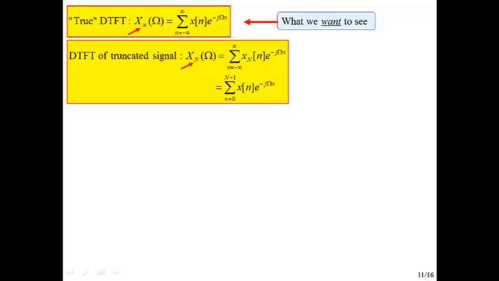But that's the thing that we're trying to see. We're desperately wanting to see that thing. But this is the thing that we're able to see. It's the full summation DTFT, but operating on this truncated signal. Now that's the same as the DFT of just the samples that we have.